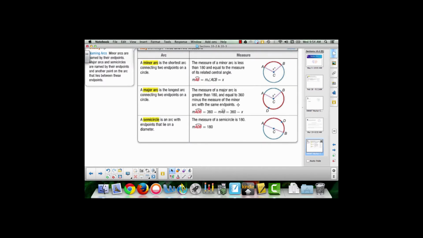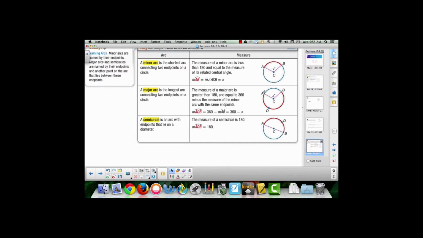A major arc is going to measure between 180 and 360. So we will always name major arcs with 3 points. That's how we're going to be able to tell the difference between arc AB, which is this minor arc here, and arc ADB, which is the major arc.